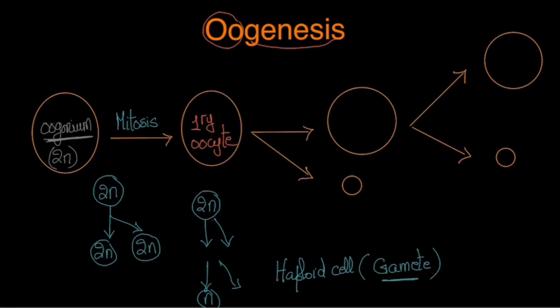So you see on here, the primary oocyte will be dividing by meiosis, and the meiosis here is formed of 2 successive cell divisions. So I will pass through meiosis 1, and then I will pass through meiosis 2.